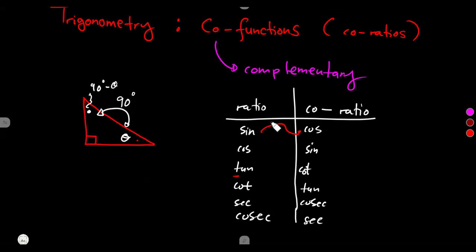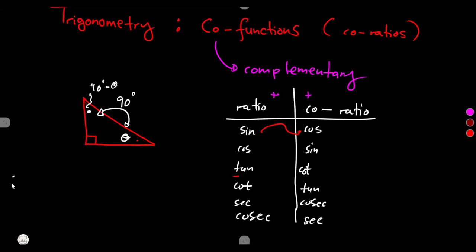So it follows that if the ratio lies in the first quadrant, in the first quadrant we know all ratios are positive. It follows that the co-ratio, the corresponding complementary part, must also be positive. So the golden rule is the sign of the ratio is the sign of the co-ratio. All right, let me have it here.